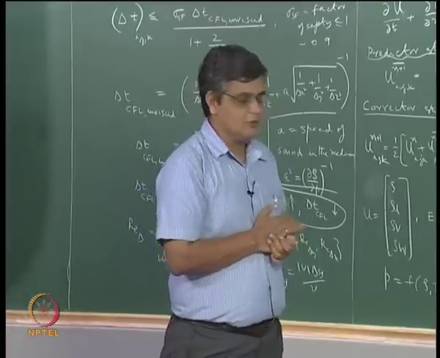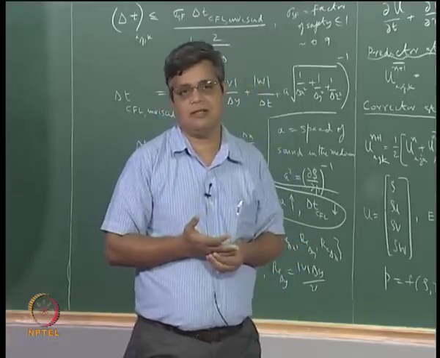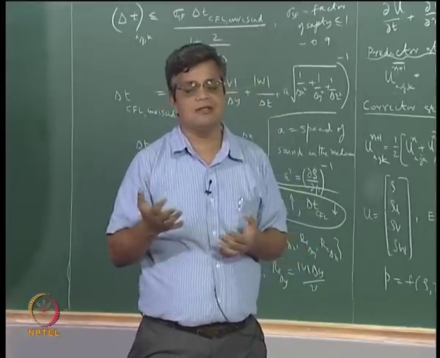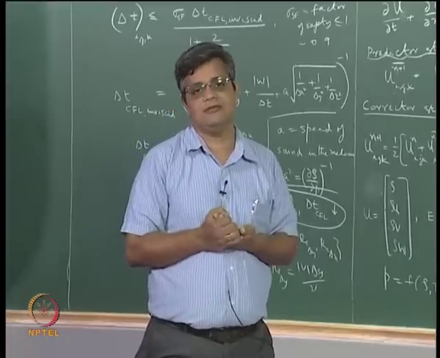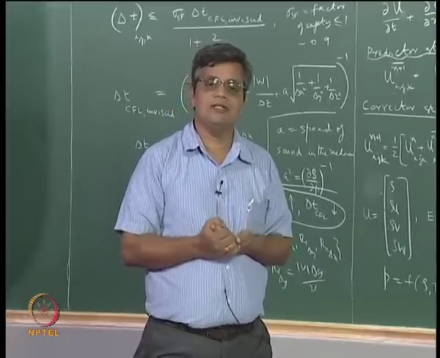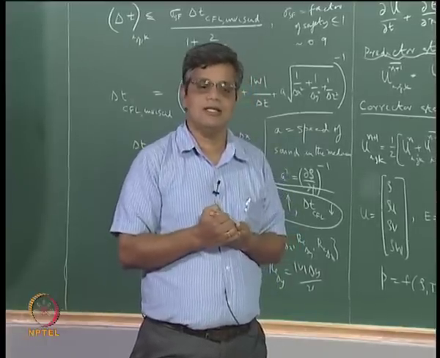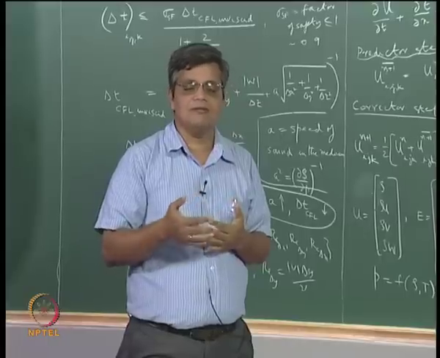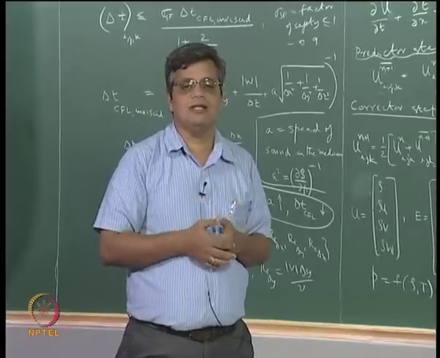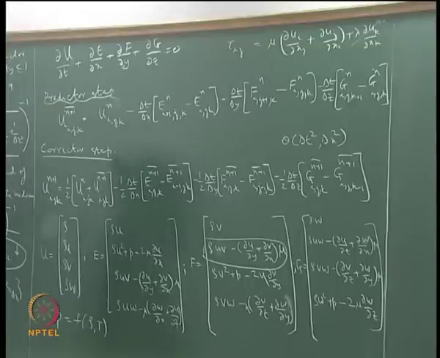Now if we can't apply the explicit method, can we go to implicit method? Okay. Because we know that implicit methods many times have unconditional stability. In fact, there is an implicit form of the MacCormack method itself, and there are many other methods, both explicit and implicit. All the explicit methods have typically some sort of constraint, especially when you are dealing with a set of equations in 3 dimensions like what we have here.